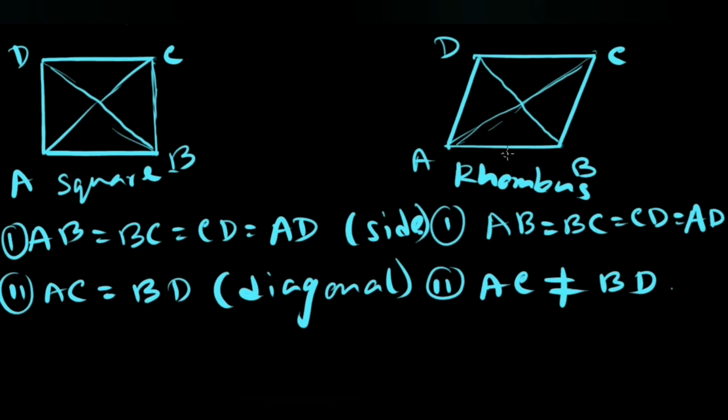And similar way we will determine all 4 sides of this quadrilateral, they will be equal to each other, but the diagonals will not be equal. So we can write the given vertices of ABCD in the second case form a rhombus.